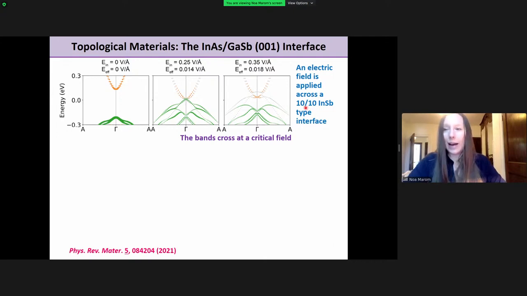So that means that it has effectively a larger gap because of quantum confinement. So we're going to need a larger effective electric field to close the gap here. But you can see that if we apply a large enough electric field, we do get the bands to cross, and eventually we get an inverted gap to open.